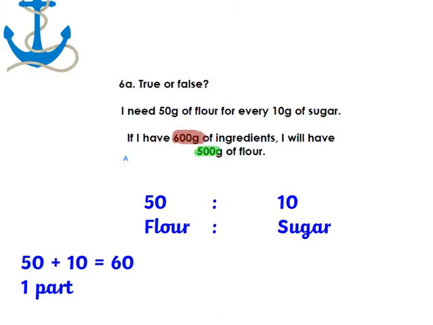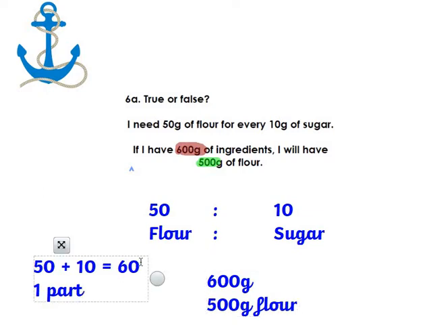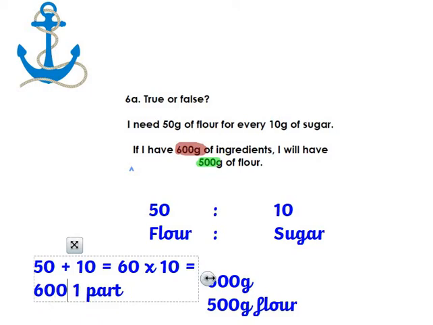So with our calculation here, 50 add 10 equals 60. We know that's one part. So if I've got 600 grams of ingredients, I need 500 grams of flour. Is that correct? Well, I can see here, if I was to times this by 10, I would get 600 equals 600.